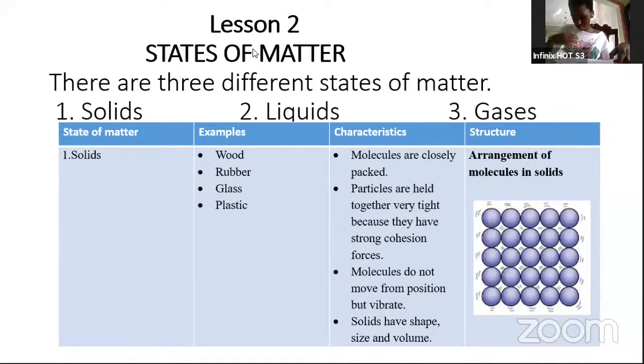Particles are held together very tight because they have strong cohesion forces. Molecules do not move from position but vibrate. Solids have shape, size, and volume.